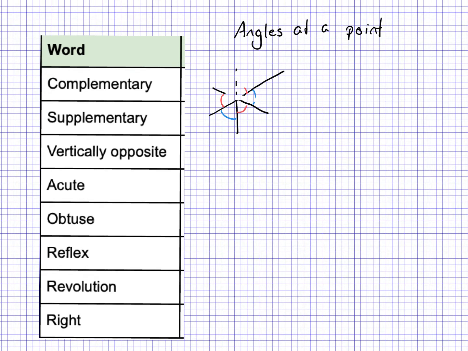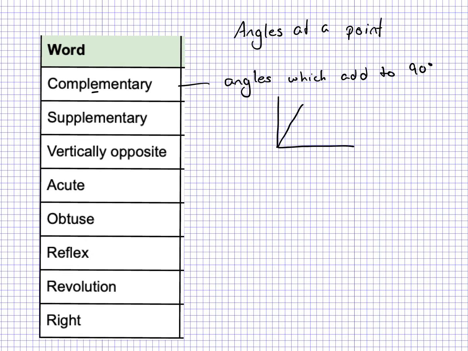So the first word we're going to look at is complementary. Now this is not the kind of compliments you get when your mum says your hair looks nice. This is spelt with an E and it means angles which add to 90 degrees. If there's two angles that add to 90 degrees, they are called complementary.